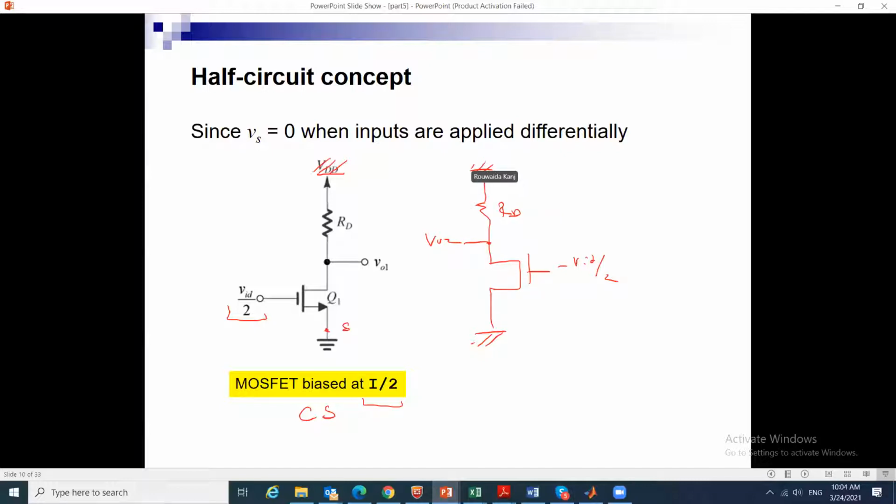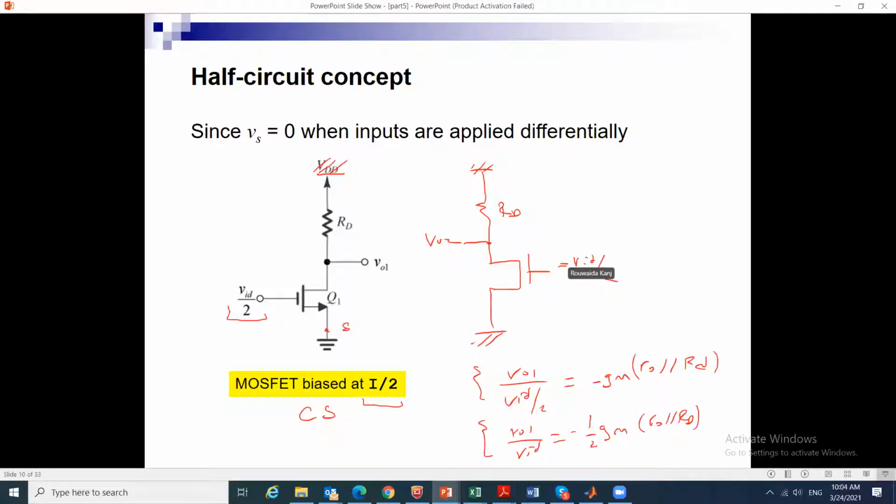Now I can easily derive VO1 over VID over 2 is minus gm times RO parallel RD. Therefore VO1 over VID is really minus half gm times little RO parallel RD. So in this scenario, we can rederive the analysis for both sides.